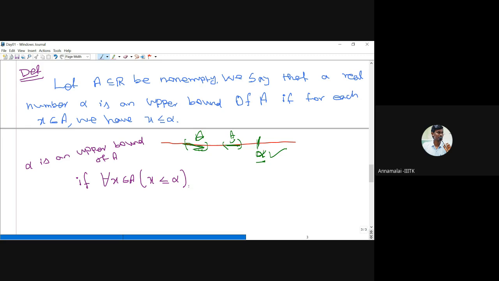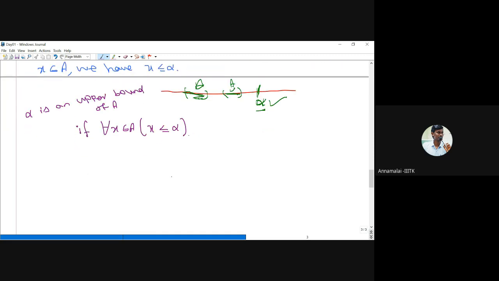Similarly, we define lower bound. We say beta is a lower bound of a set A if for any element x in A, x is always bigger than or equal to beta.